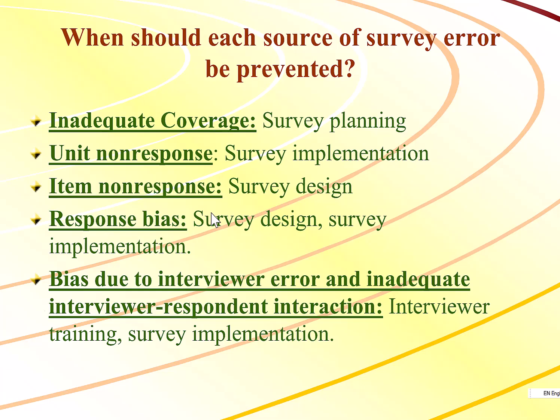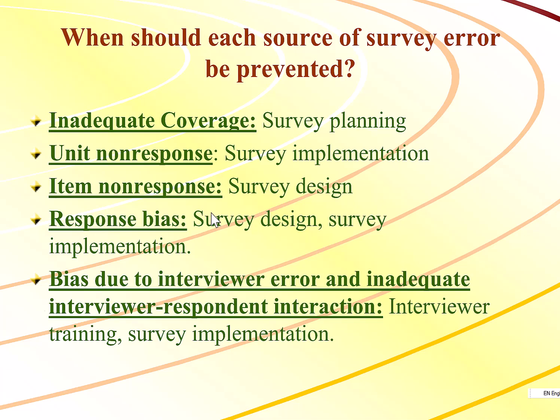And strategies like clear skip patterns or careful placement of more sensitive questions may minimize item nonresponse. Response bias is addressed in the survey design. So, for example, ways to minimize social desirability bias would alleviate response bias.